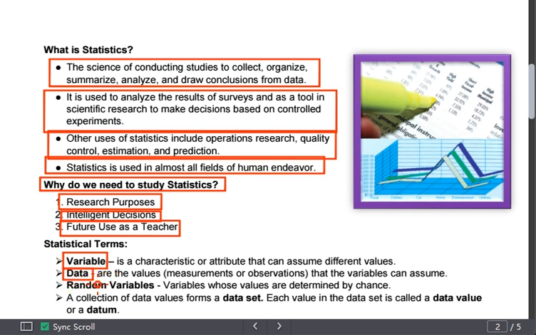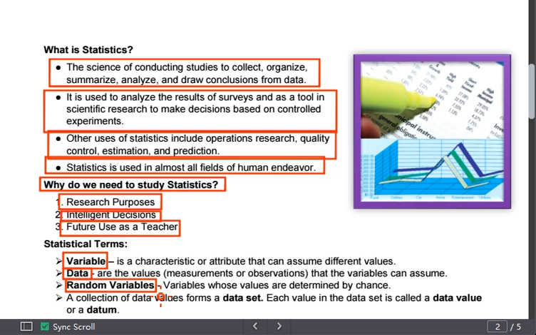Next, we have data. So, data are the values, especially for measurements or observations, that the variables can assume. So, ano yung ina-assume ni variable dito kay statistic? That is the data. And random variables, these are the variables whose values are determined by chance.